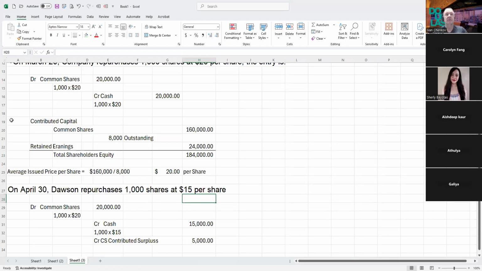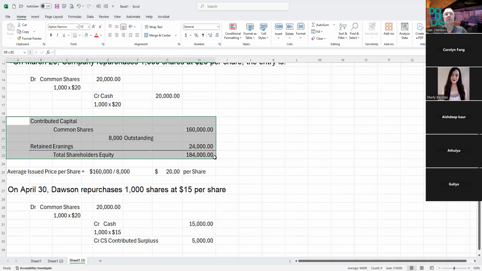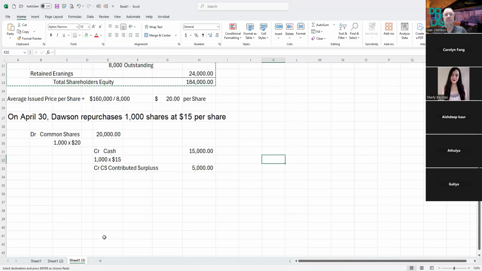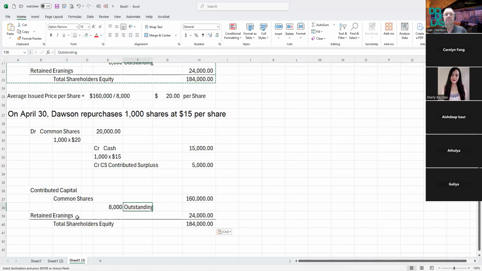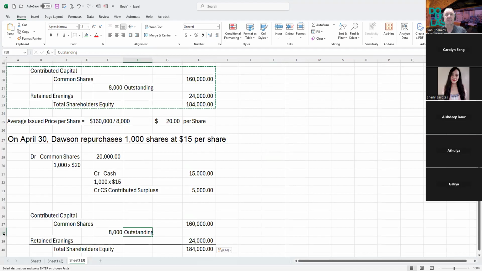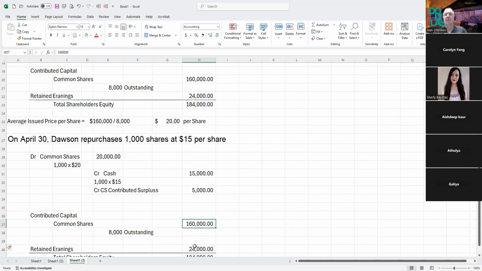So let's do our shareholders' equity. What's happened now with the shareholders' equity? Common shares first. How much? 140,000. What's the number of common shares that are left now? Outstanding, 7,000.